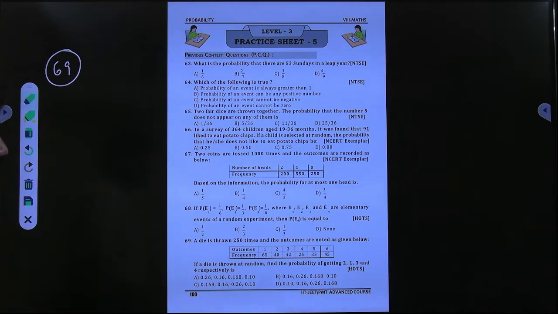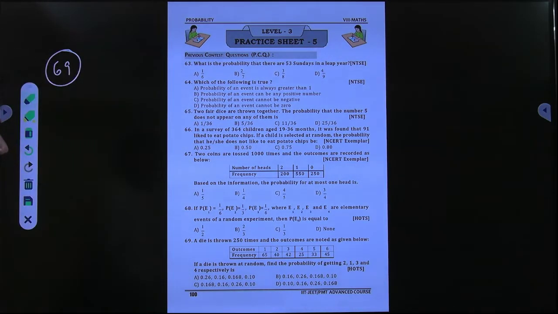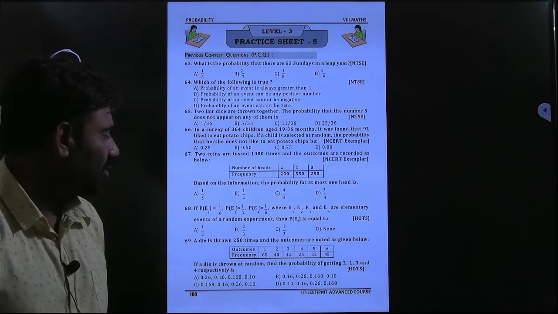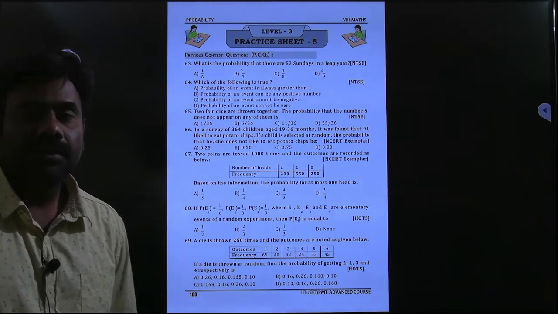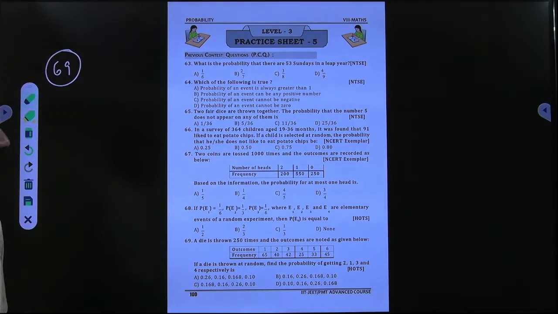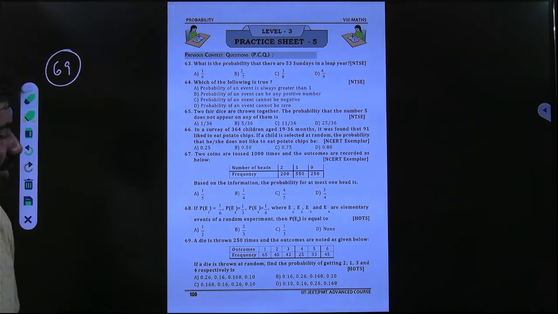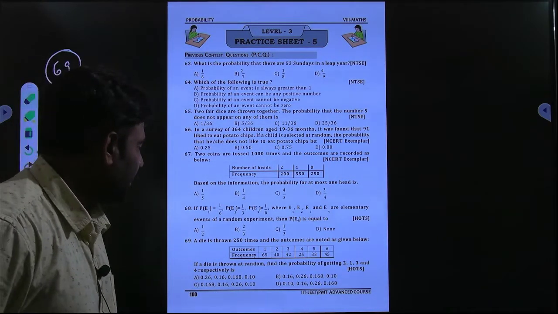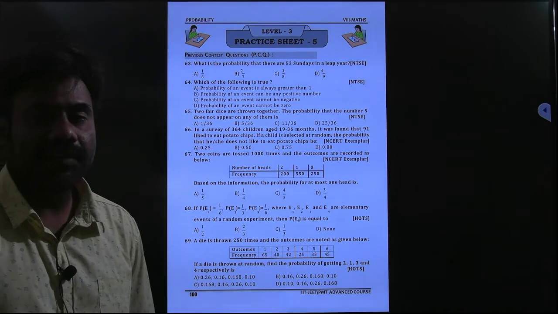Outcomes are 1, 2, 3, 4, 5, 6, and frequencies are 65, 40, 42, 25, 33 and 45. You have to understand it as the frequency of 1 is 65. If you throw a single die, 1 is repeated 65 times, 2 is repeated 40 times, 3 is repeated 42 times, 4 is repeated 25 times, 5 is repeated 33 times, 6 is repeated 45 times.